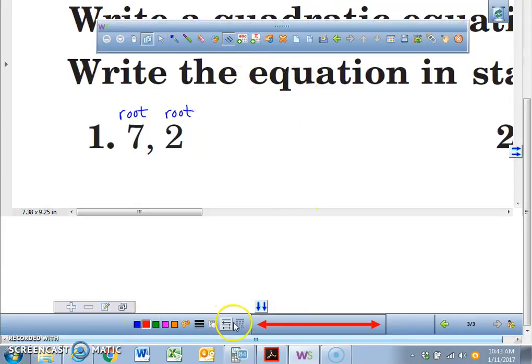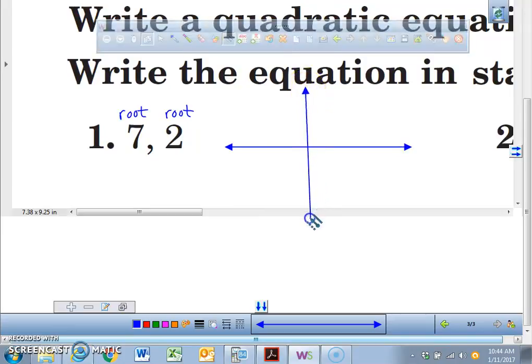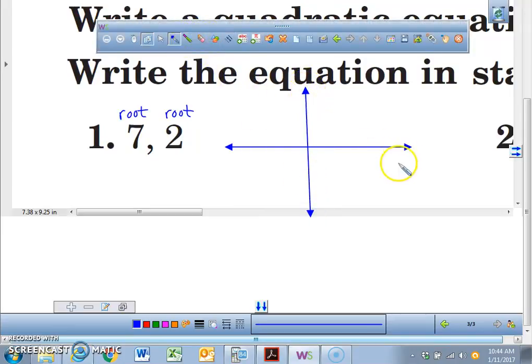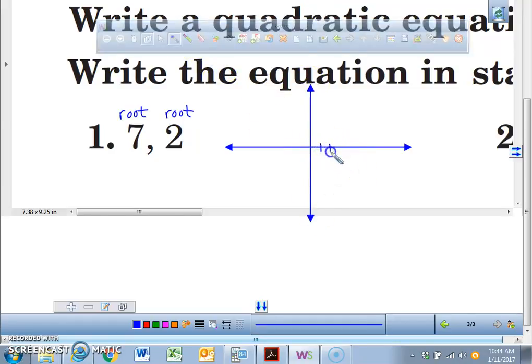So I'm going to do a quick little drawing of what could possibly be the scenario here. We have a y-axis. What we're saying is there is a root right over here at 2.